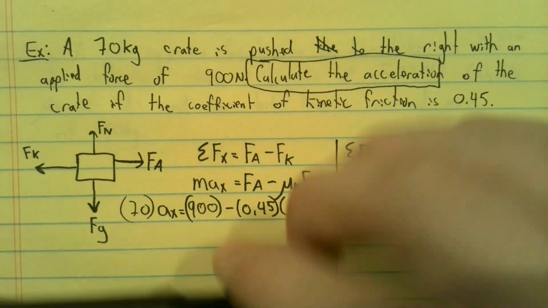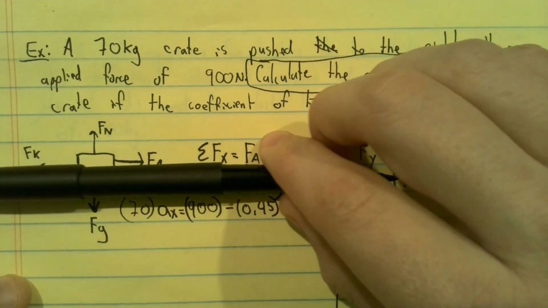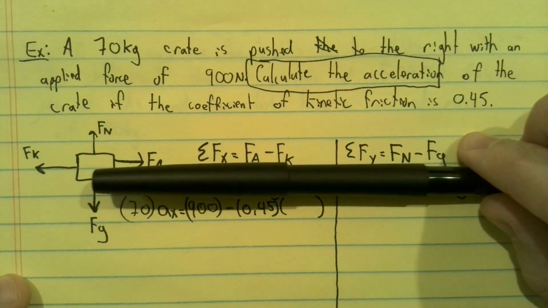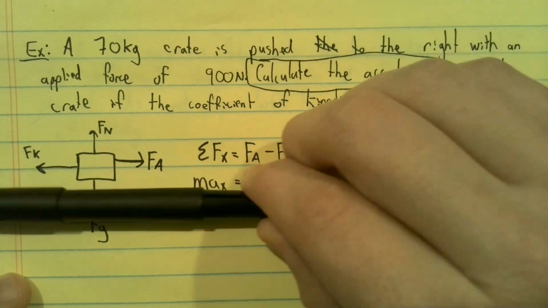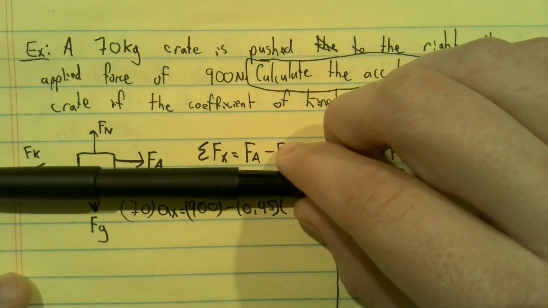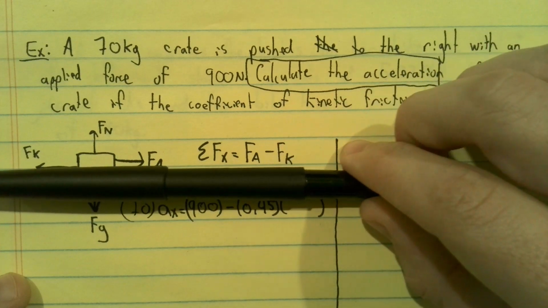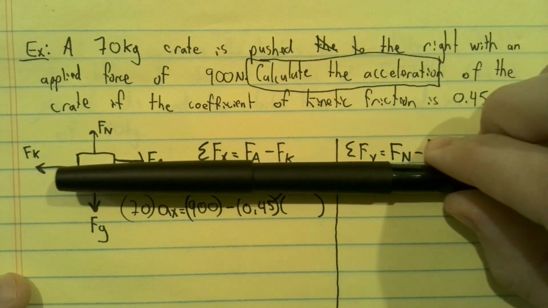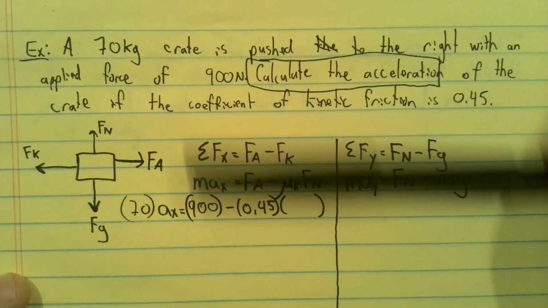Think about it. We've got a crate going sideways. The crate is moving sideways, so what's the vertical acceleration of it? What's the vertical acceleration of this pen here? It's not going up and down. The vertical acceleration of this pen is 0 because it's not moving vertically at all.